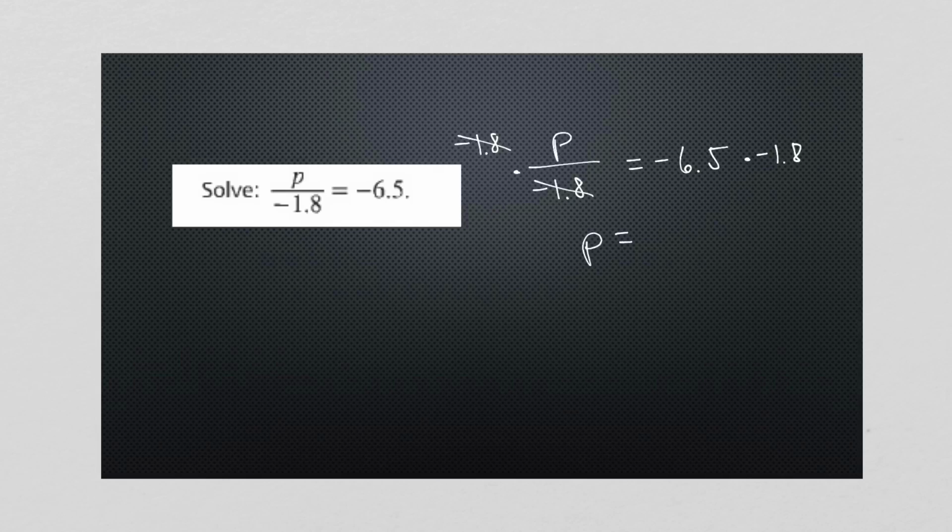I'm left with P is equal to, now on my calculator I'm typing in -6.5 times -1.8. And I get that P is equal to 11.7. Again, test it out on your calculator. Type in 11.7 divided by -1.8 and see if you get -6.5.